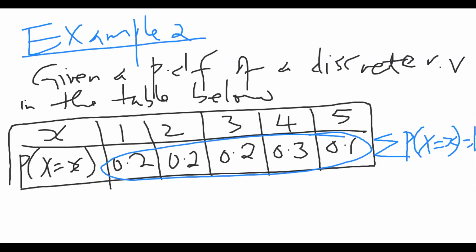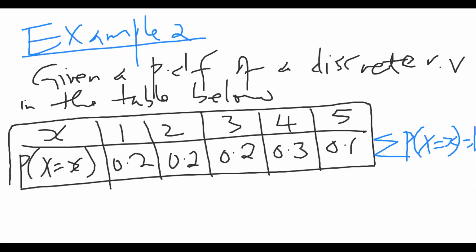For example, we can have 0.2 plus 0.2 plus 0.2 plus 0.3 plus 0.1. The answer is 1, so we are good to go. Otherwise, if it is not equal to 1, just know that there's something wrong.